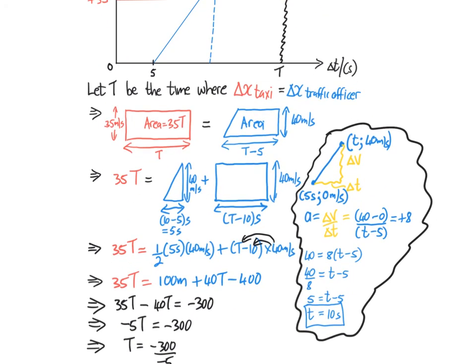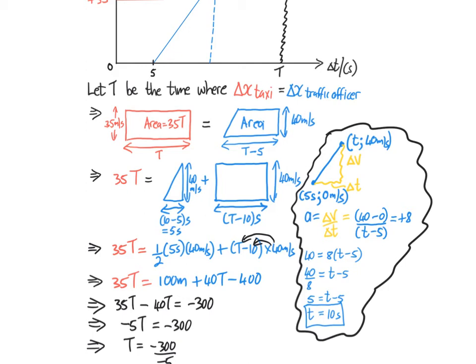So if we work with this section here, this point is 5 seconds, 0 meters per second, and the point at the top is t, the t value there, at 40 meters per second. So we know that the gradient is equal to plus 8, because we know the acceleration is 8 meters per second squared.